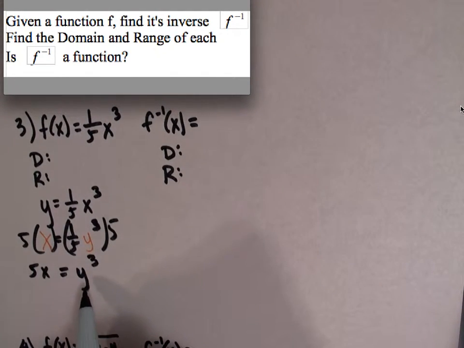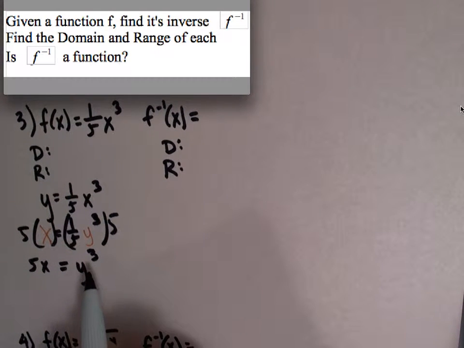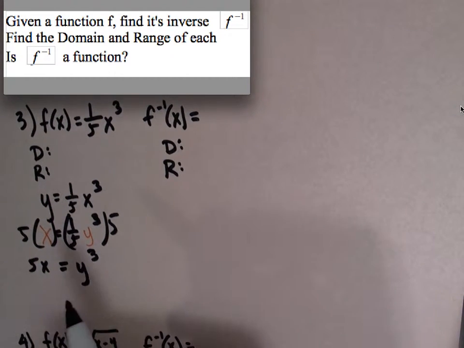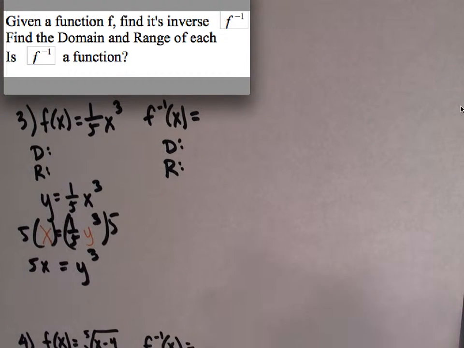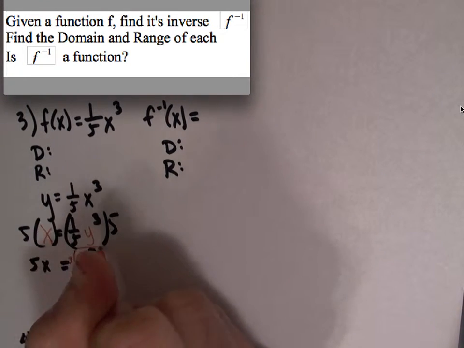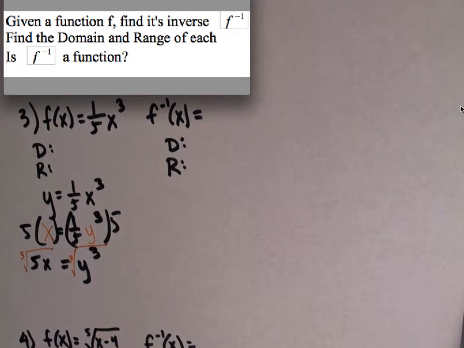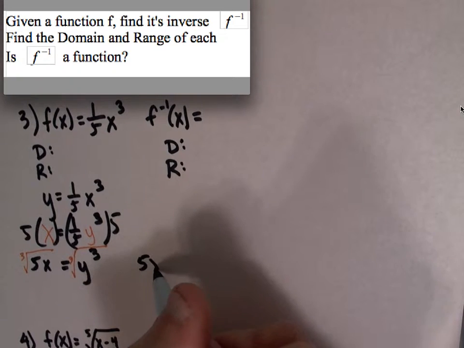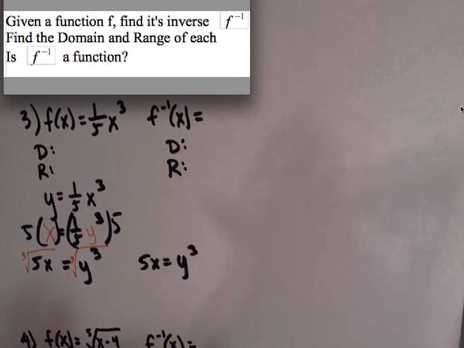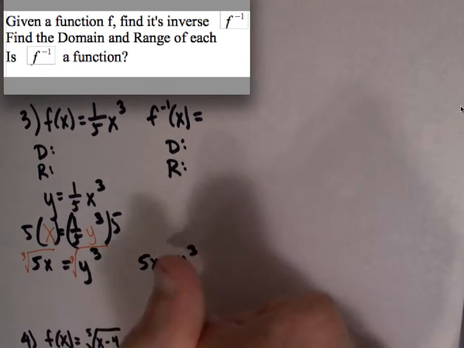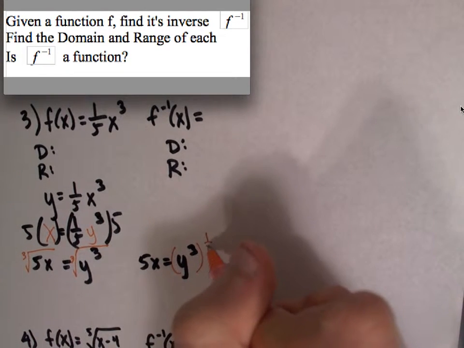Okay, and now we've seen that the opposite of cubing something is to take the cube root. So there's two ways to write that. You could either take the cube root of both sides, or if you like to write it as a rational exponent, you could simply take both sides to the 1/3 power.